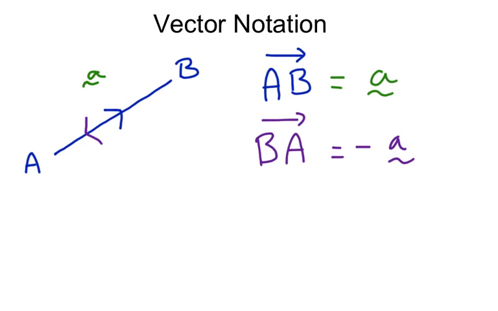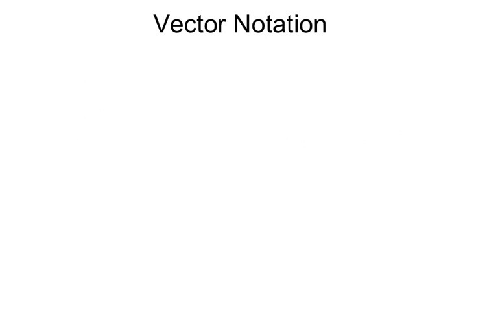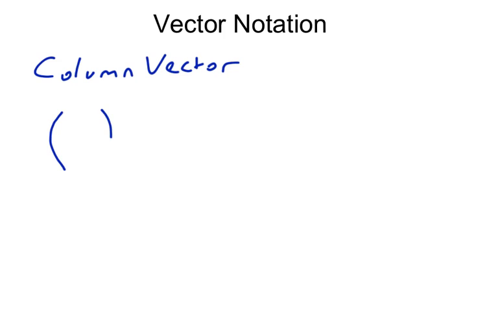The final way we can look at vectors is using a column vector, or the component form of a vector. The column vector we will have seen before in translations. So a column vector looks like a pair of big brackets with 2 numbers, one on top of the other, something like 3, 4.